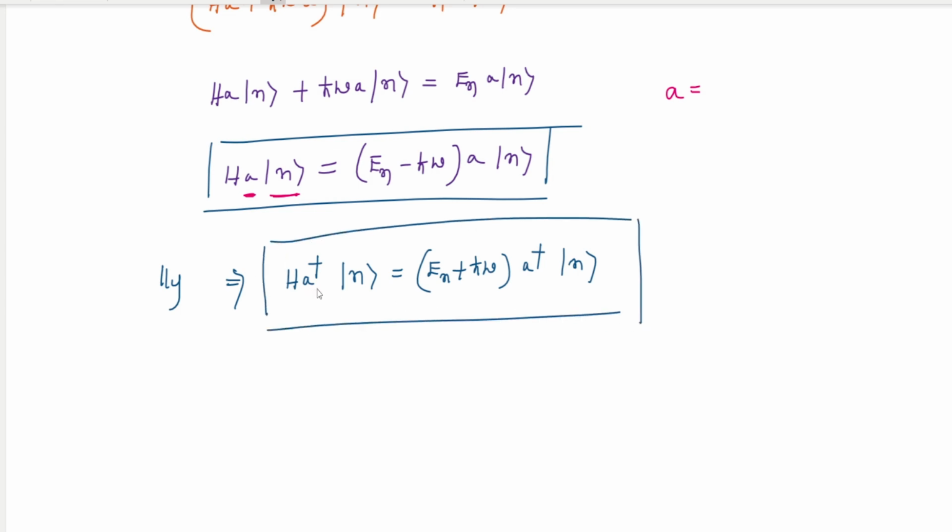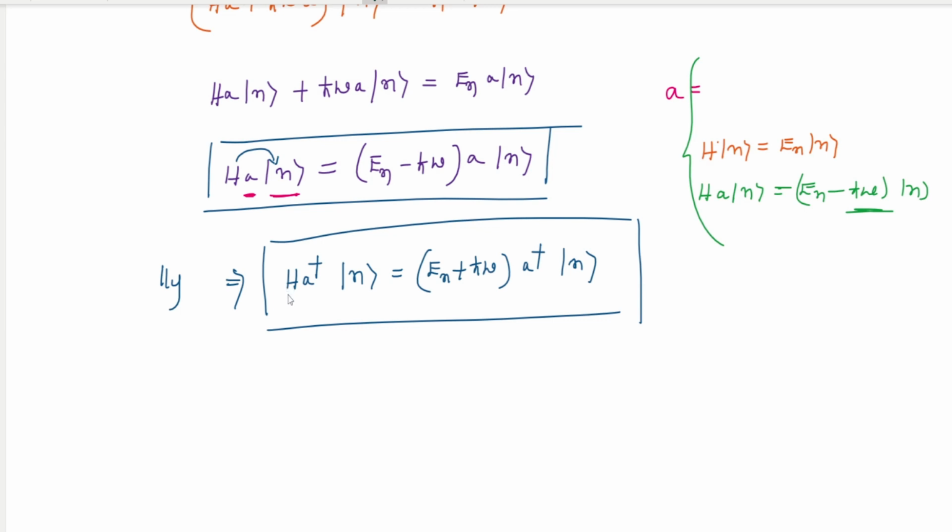If you apply A dagger on this state, it will increase the energy by h cross omega. H is applying on this state in the eigenvalue equation, right? Then again applying here, H A n gives En minus h cross omega. That is an important equation, very important.